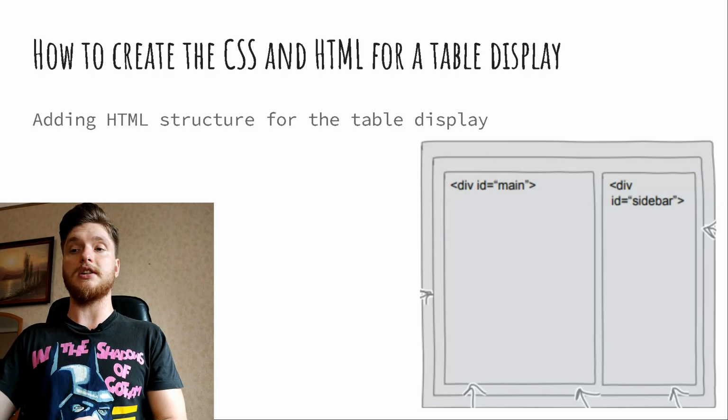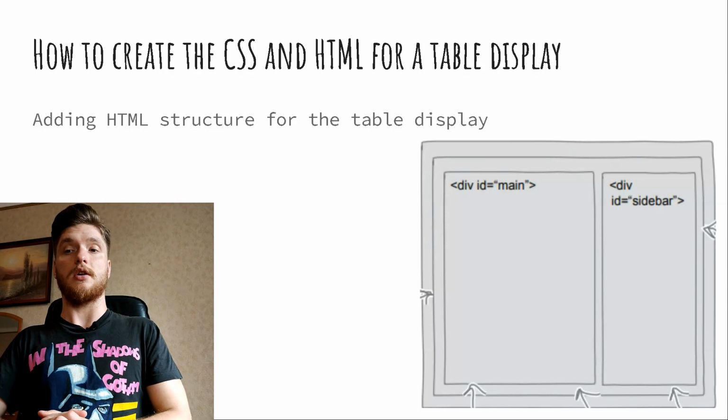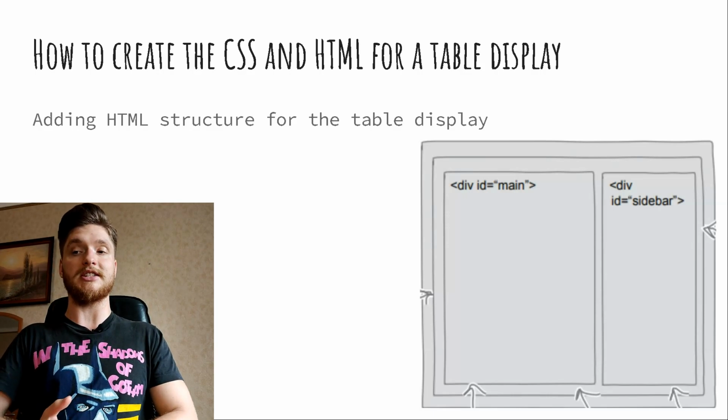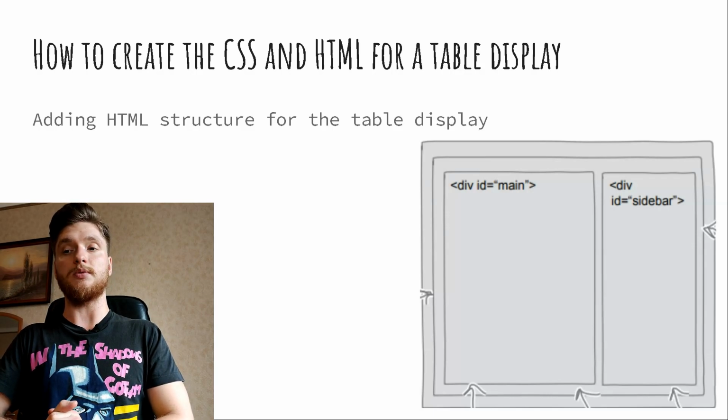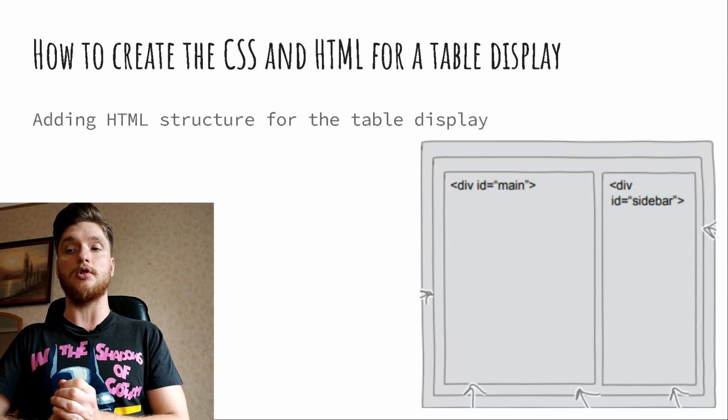So here's how to create the CSS and the HTML for a table display. As you can imagine, we're going to need to add some CSS to tell the browser to display our columns like a table. But we also need to add some HTML. Why? We need to add a bit of structure that represents the columns and rows of the table and the structure of the table as well.